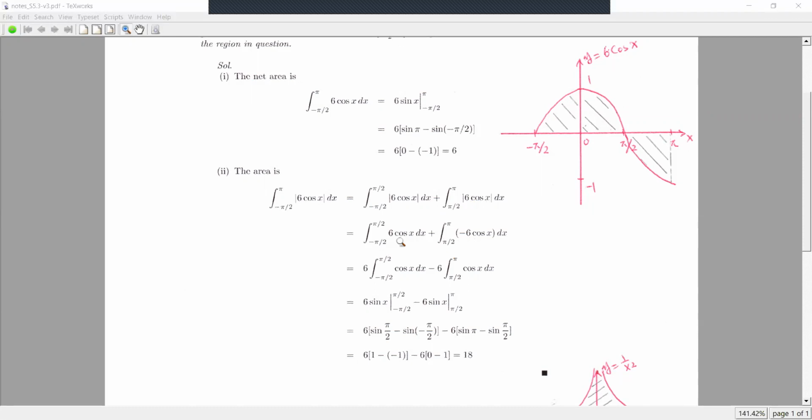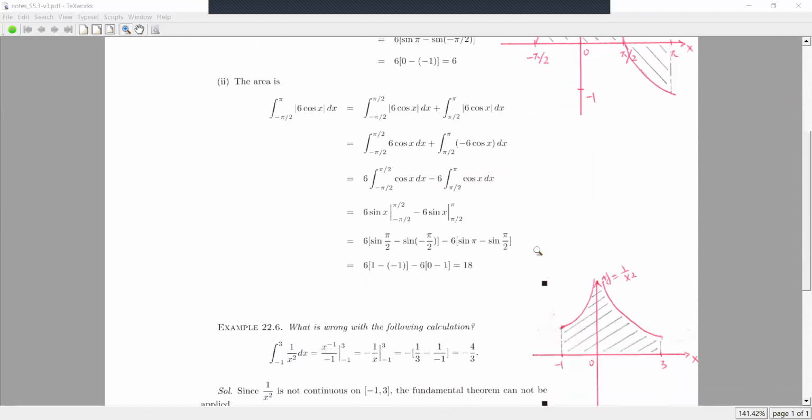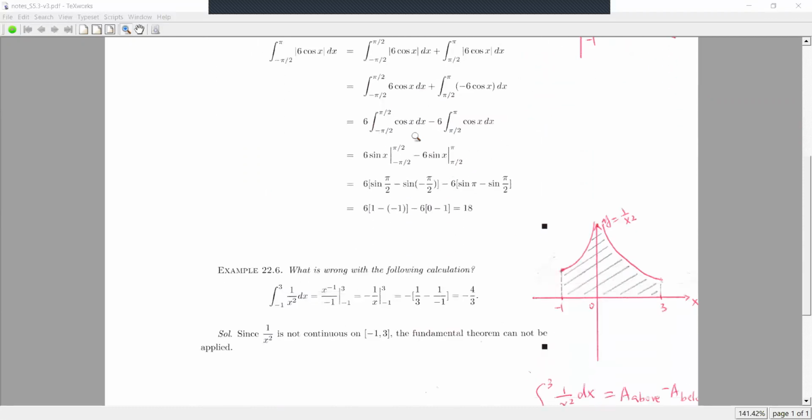First, 6 and negative 6 are constants. I can move them outside the integrals. Now, to find this integral, the antiderivative of cosine is sine. So this integral by formula is this number, and the second integral is this number.